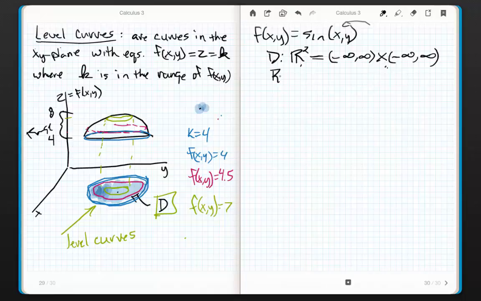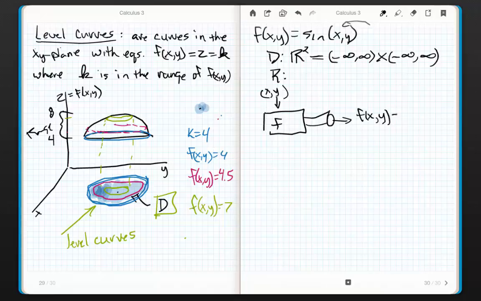And then what's the range? Now, we haven't spent a whole lot of time talking about the actual range of a function of multiple variables, but what is it? Well, it's the output values of f of x, y. It's still just a machine, right? I stick points in, and what do I get out? I get f of x, y's. This is our function.